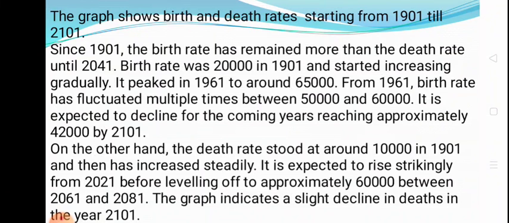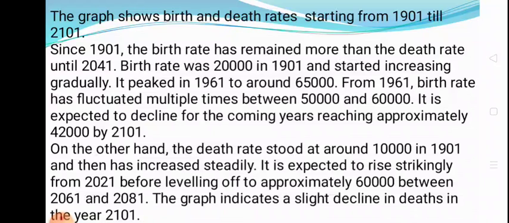It is expected to rise strikingly from 2021 before leveling off at approximately 60,000 between 2061 and 2081.